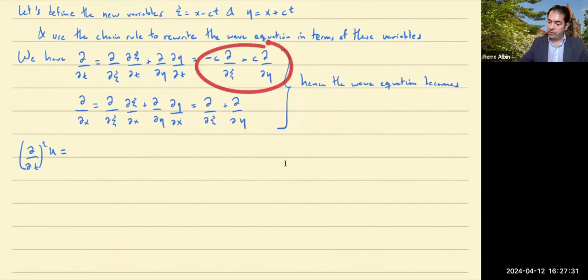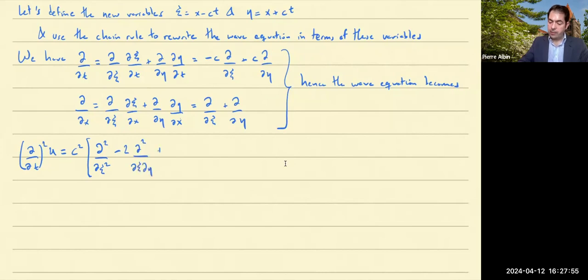So I'm going to square this. So I'm going to go ahead and pull out the c, so I'll get c squared. And then other than that, when I square this, I get the derivative with respect to xi squared minus 2 times the mixed partial plus the derivative with respect to eta squared, all of that applied to u, right?